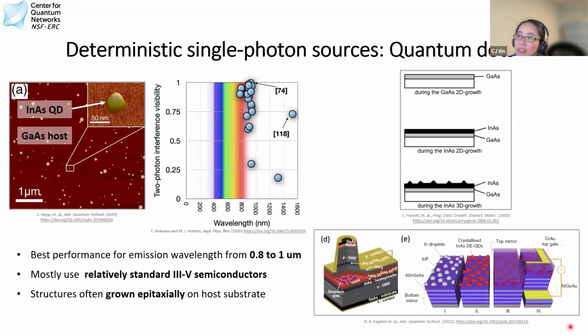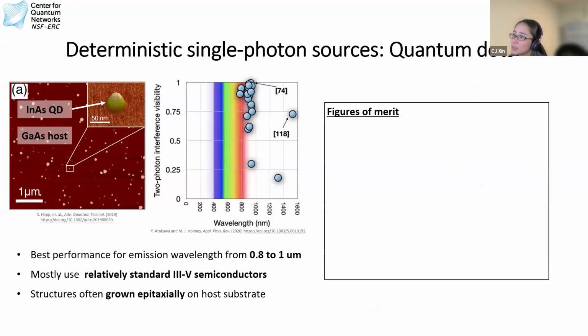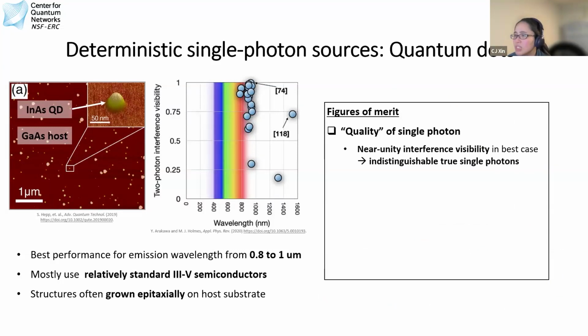And then so in general, with this primer on quantum dots and a rough idea of how they're made, let's think about the figures of merit that we discussed earlier, which is, well, the quality of a single photon. Well, you can't really get better than near unity quantum interference, right? So yeah, they're great. What about loss?